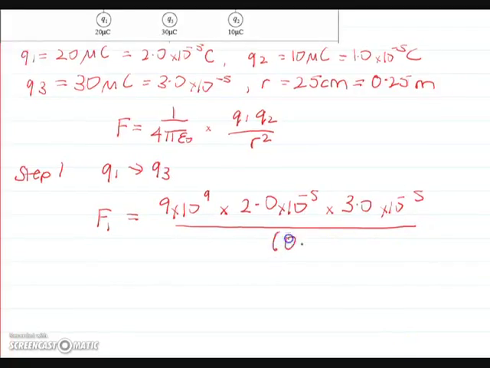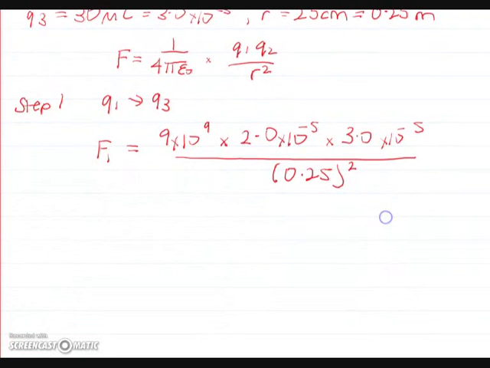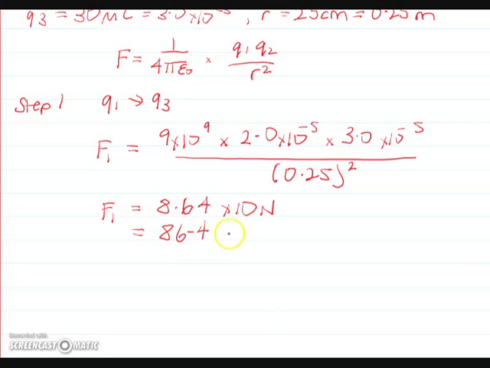It's good to keep it in brackets nice and neat, because it's getting squared. And if we do that, we're getting a total of force 1 is equal to 8.64 times 10 newtons. Now, if we change that, we can just change it to 86.4 newtons. So that's from Q1 on to Q3.